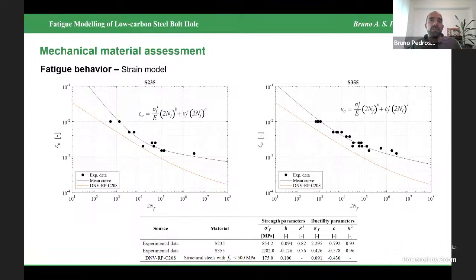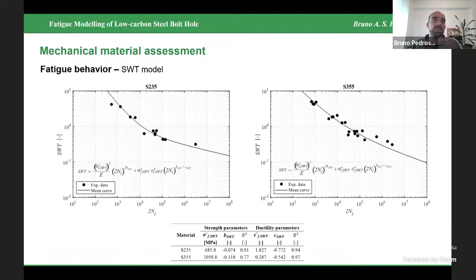Then the comparison can be established with the DNV parameters, which proposes a unique fatigue curve for all structural steels. As it is possible to observe in these figures, DNV is a good approach for S235, but it is too conservative for S355. For both materials, DNV predictions are very low in the high cycle regime.